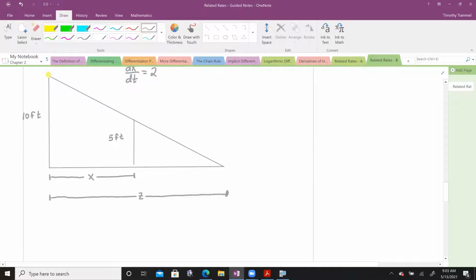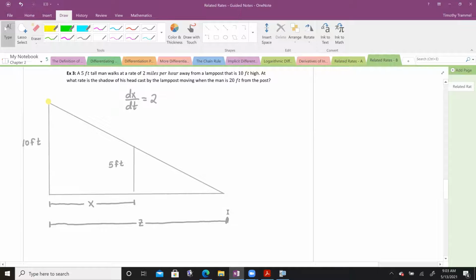So I'm going to write in here that we would like to find dz/dt. And this would be when this person is 20 feet from the post, so that would be when x is equal to 20.